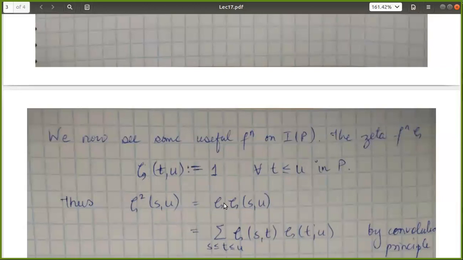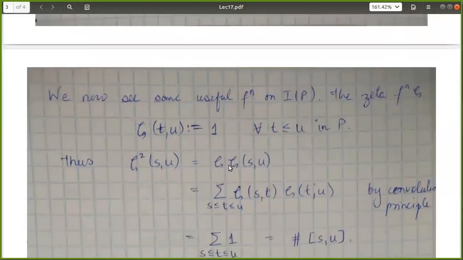By the definition of convolution, this is the summation of zeta of ST times zeta of TU, the product of these two functions, and this sum runs over all the T which are in between the elements S and U.